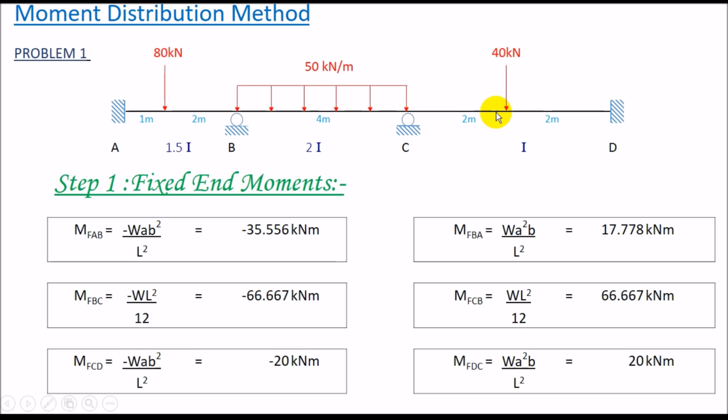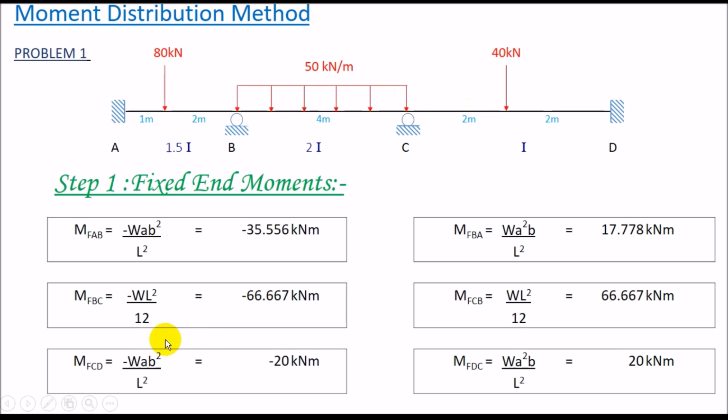MFCD, the fixed end moment from C to D, is given as minus W A B square by L square, where W is 40, A is 2, B is 2, L is 4. You can also use the formula minus W L by 8, since the load is acting centrally.